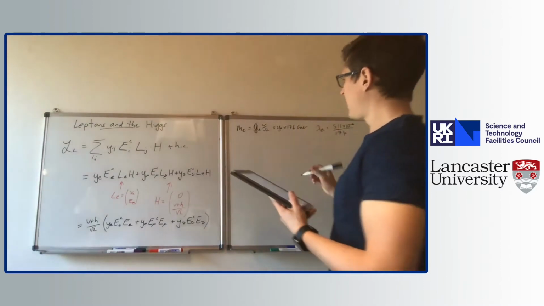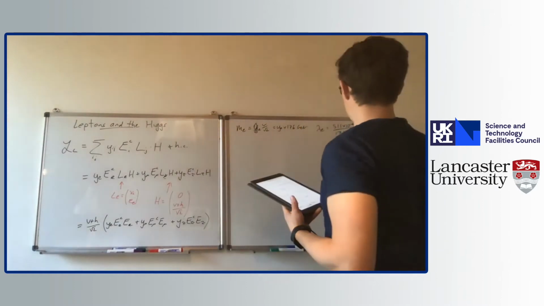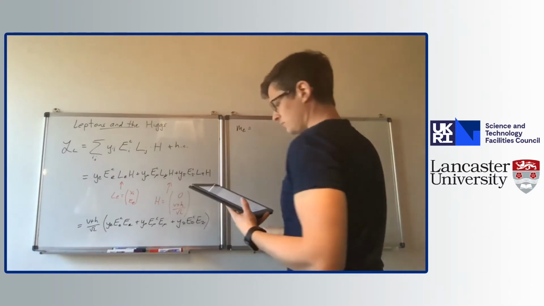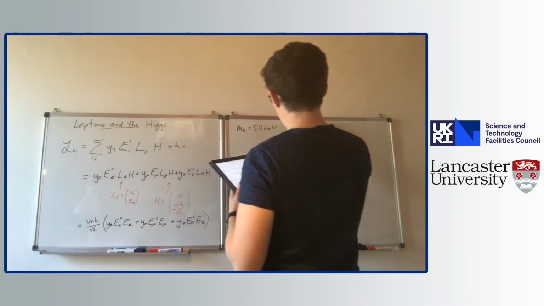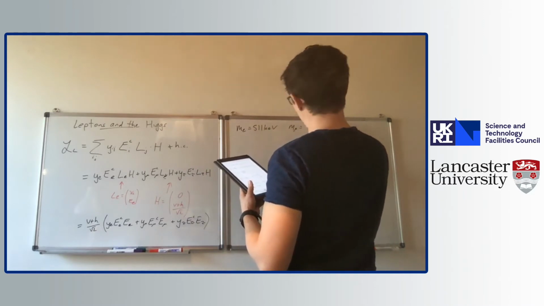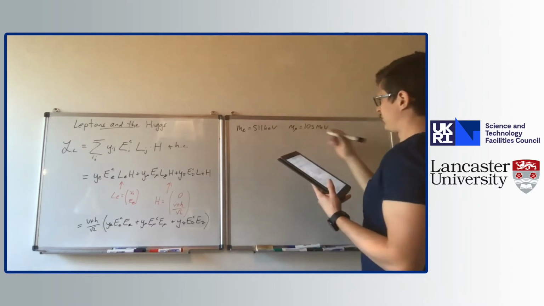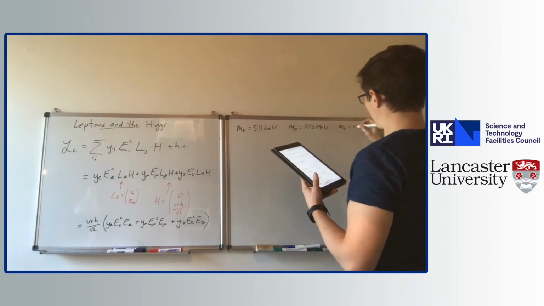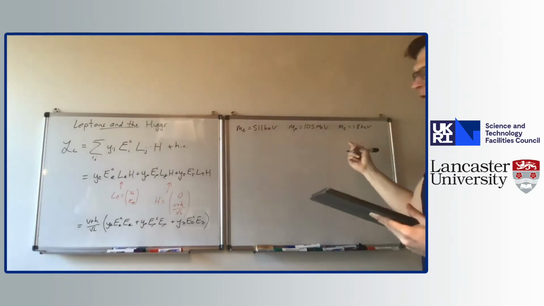The muon mass, so let me just erase that and write down the masses. So m_e is 511 keV. m_mu is 105 MeV, rounding to some number of significant digits. And m_tau is 1.8 GeV. So you see that these are all small Yukawa couplings, even for the tau lepton.